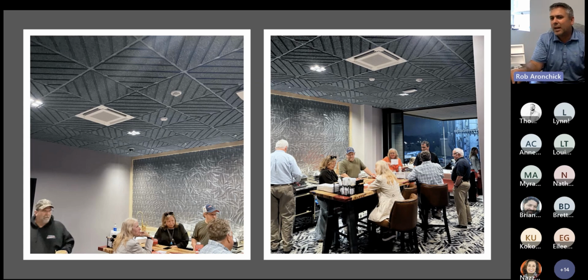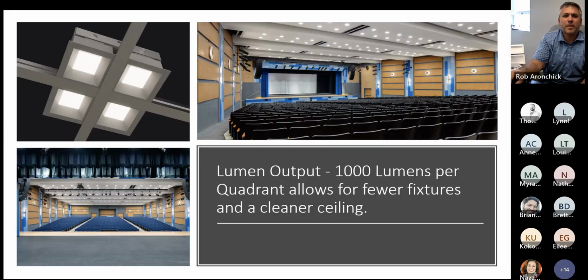So even in those types of tiles, you can integrate the quad fixture, sit it on the grid, and then either through a customized tile program that we have with a few different tile manufacturers, or the contractor can simply field cut the tile. We provide templates that will go in the corner of the tile that the contractor will use to make that field cut by just tracing the template that we provide with the fixtures.